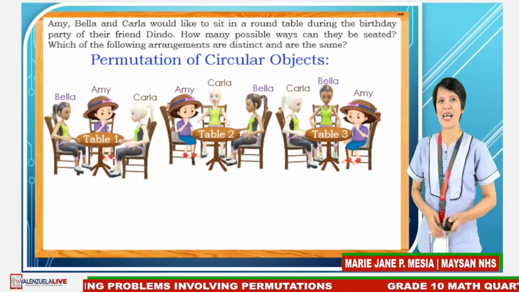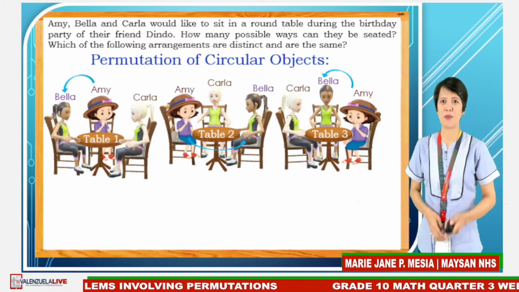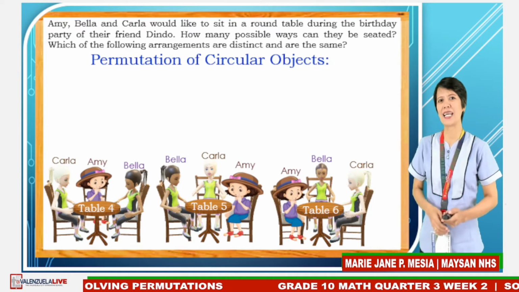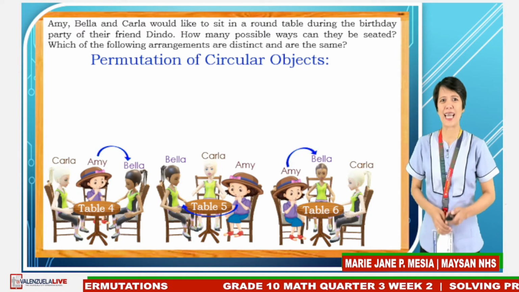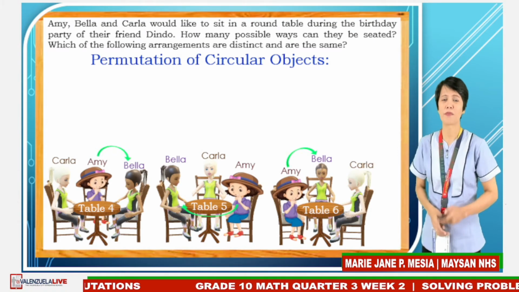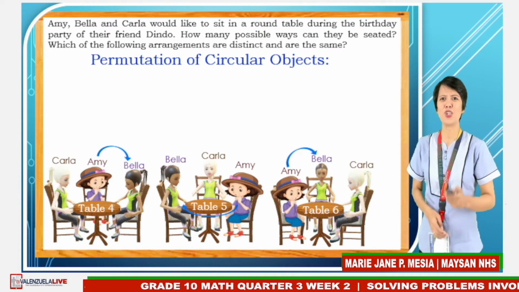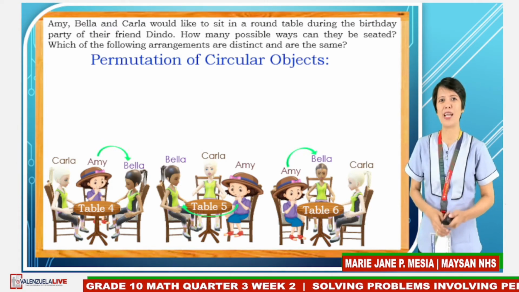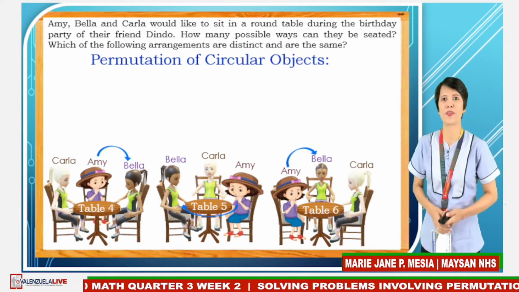Notice that Bella is always on the right side of Ami, whereas in table 4, table 5, and table 6, where Bella is on the left side of Ami, also represent the same arrangement. To determine the number of circular permutations, we should consider one object fixed and calculate the number of arrangements based on the remaining number of objects left.